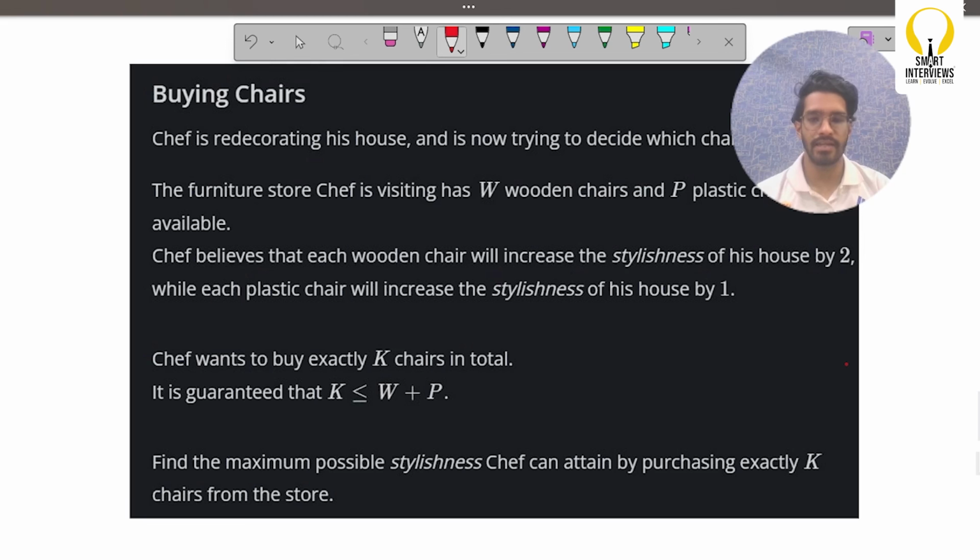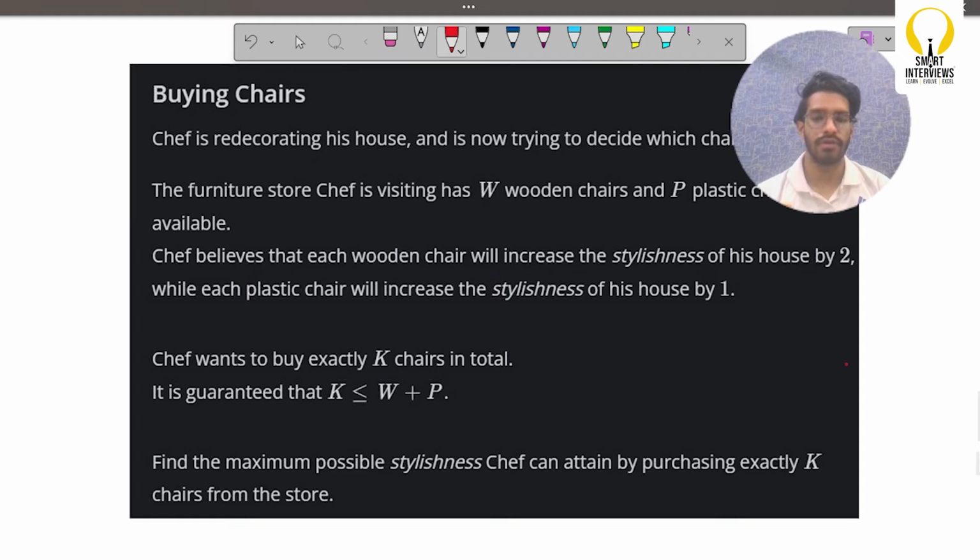He has to buy exactly k number of chairs in total. It is also given that k will always be less than or equal to the number of wooden chairs plus the number of plastic chairs. So every time you can pick k number of chairs. Now at the end of the day, you have to find the maximum possible stylishness chef can attain by purchasing exactly k chairs from the store.